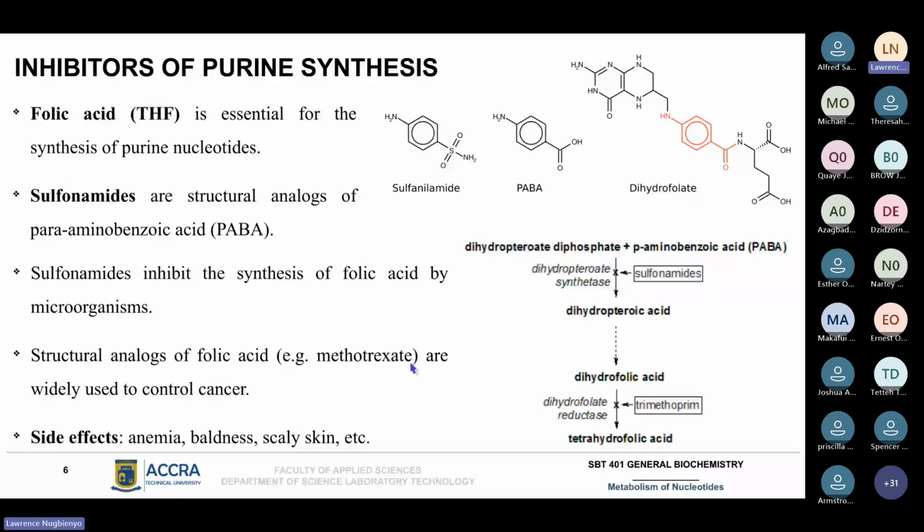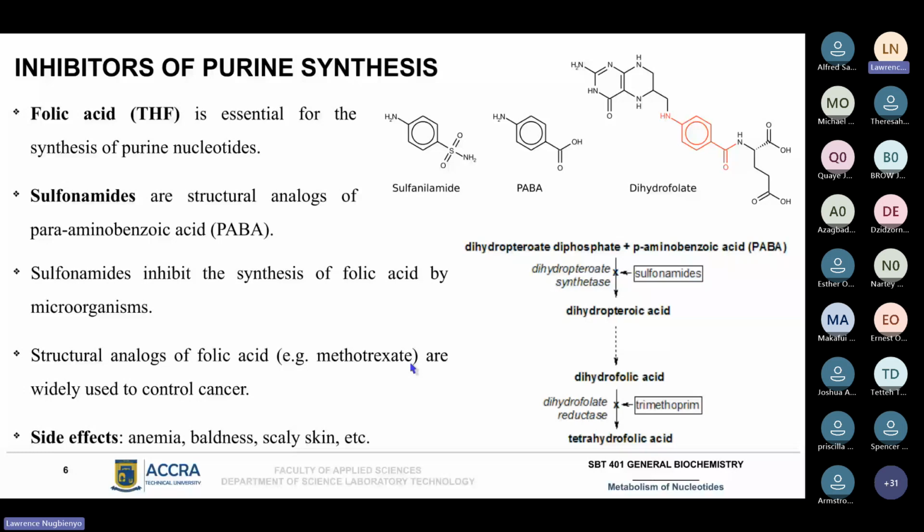So which will mean that the folic acid itself, which is required, acting as a coenzyme in various reactions in the proliferation of cells, if you have this drug, methotrexate, a structural analog of the tetrahydrofolic acid, it inhibits the reactions that will result in the proliferation of cancer cells, so that you control the growth of those cancer cells.